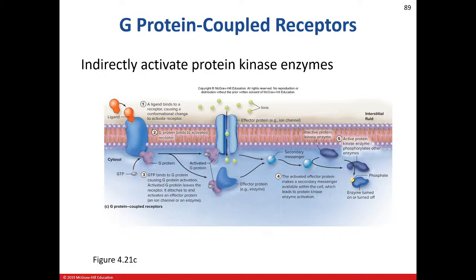For instance, it may go off and activate the protein adenylate cyclase, and adenylate cyclase will begin to produce a second messenger molecule called cyclic AMP, or cAMP, and that cAMP is going to go off and tell other proteins what to do. All right.